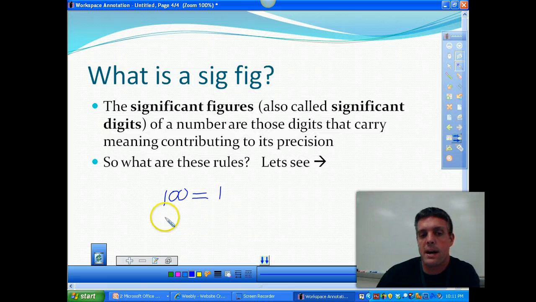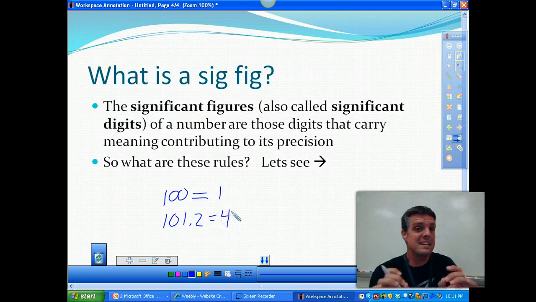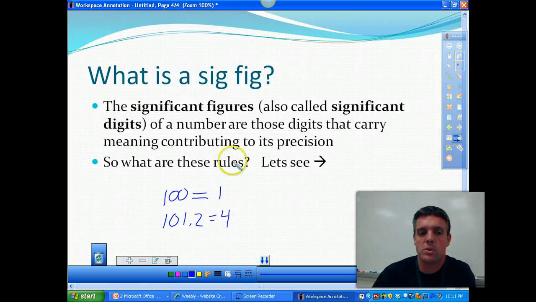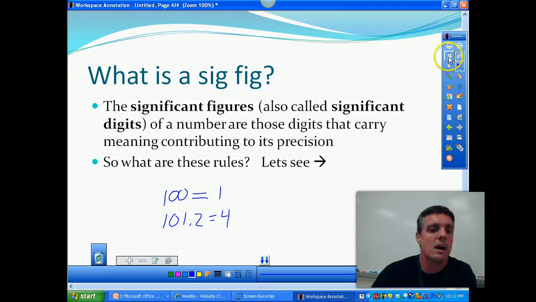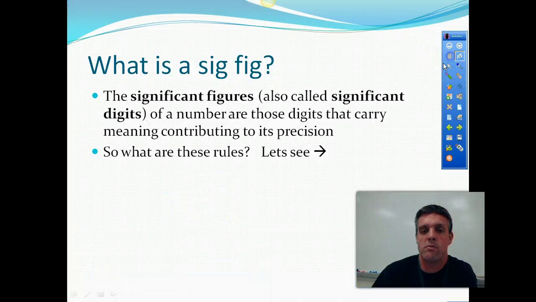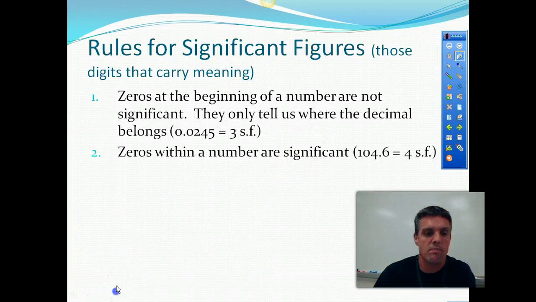If I asked you about that other number, maybe 101.2 feet, this one happens to have 4 significant figures. They're significant, they mean something. We should count them. We'll look at the rules of how I determined why one of those had 1 and one of them had 4. All right, let's move on.